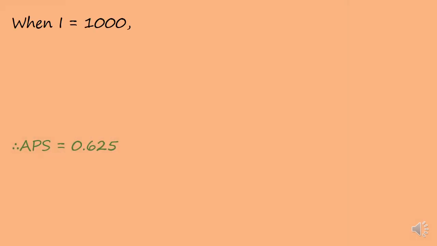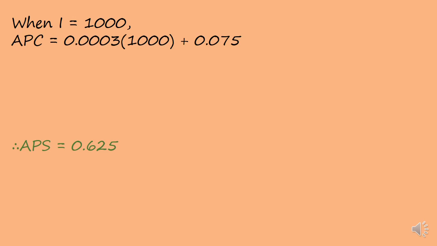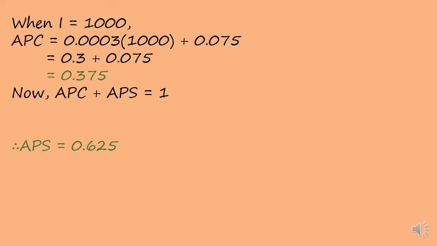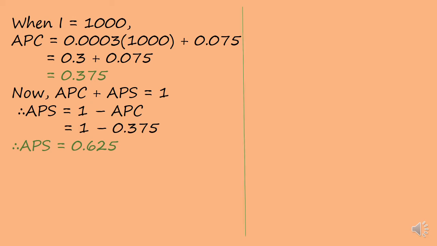Thus when I is 1000, we get the value of APC like this by multiplying 1000 wherever I is present. And so APC comes out as 0.375. Then we also find APS by using this particular formula. So APS is 1 minus APC, and so it becomes 0.625. So thus we get all the 4 values.